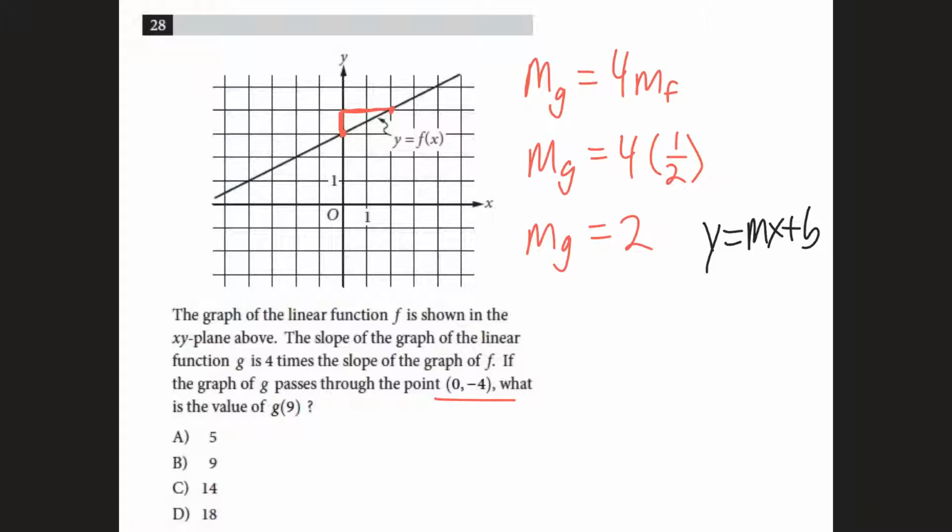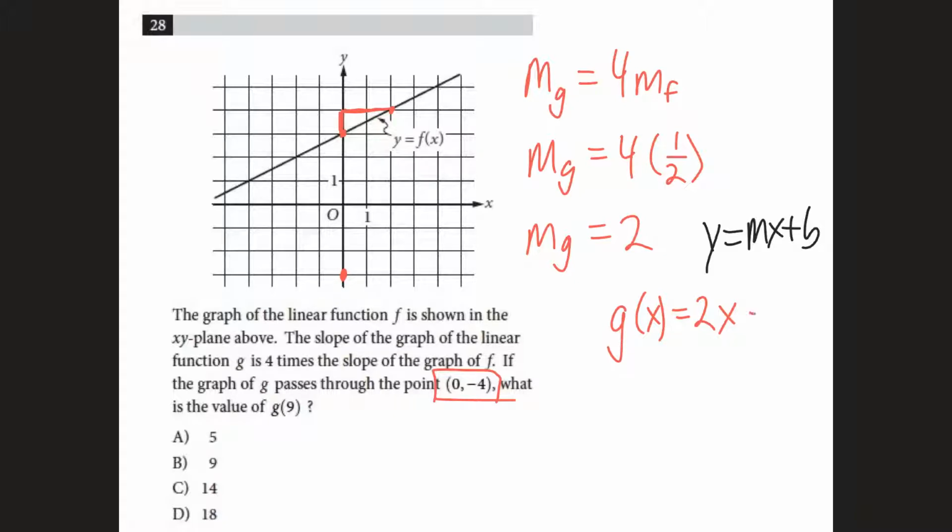For g, we know that g of x is going to have a slope of 2, and we just don't know the y-intercept until we look at the point that they gave us. The point they gave us is 0, negative 4. That is the y-intercept.